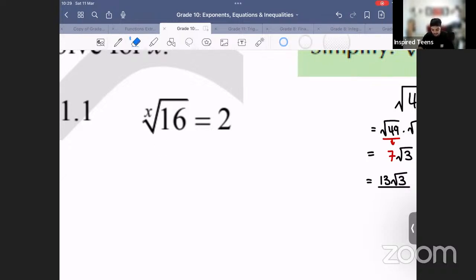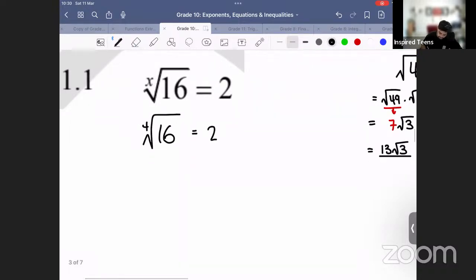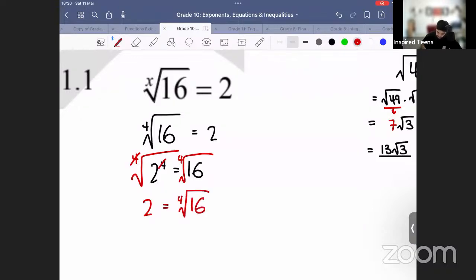So basically, you just got to try to say 2 to the power of like 4, for example, until you get 16. Okay, so in this case, it was actually the 4th root of 16 that gave us 2. Why? Because 2 to the power of 4 is equal to 16.